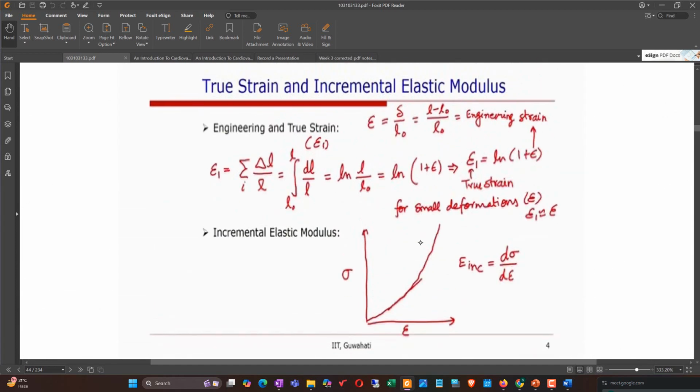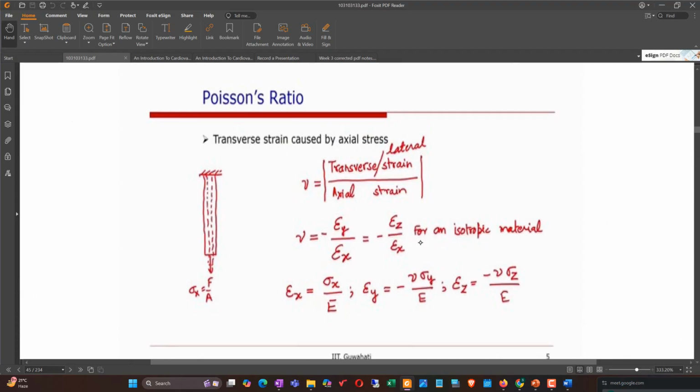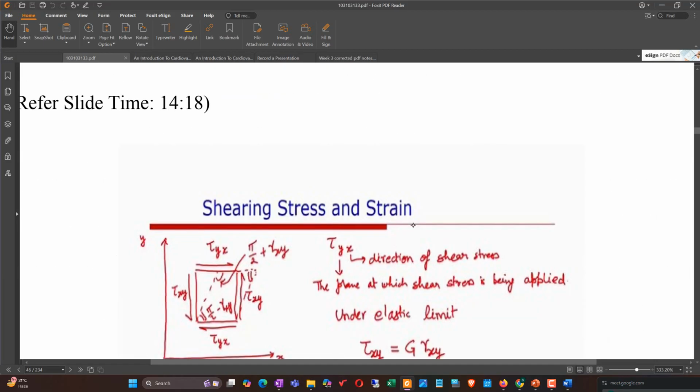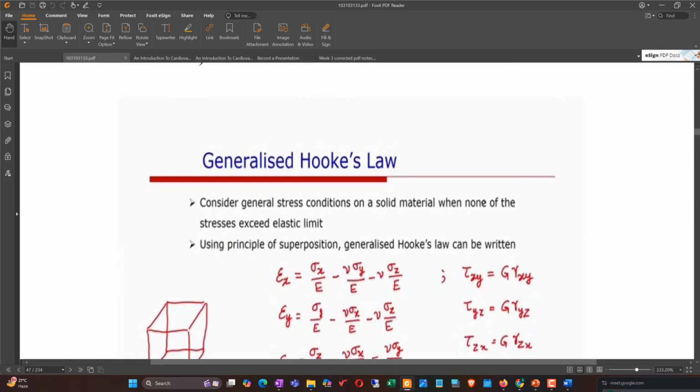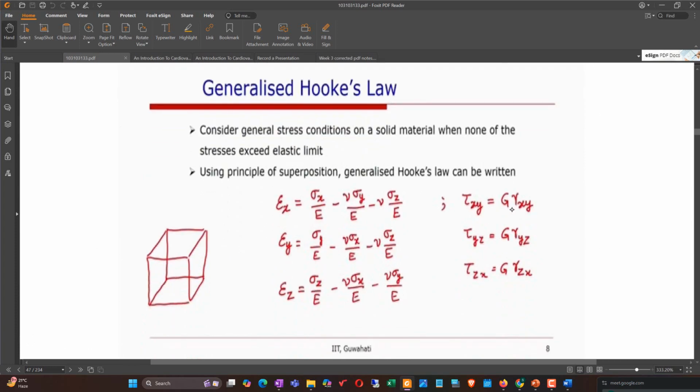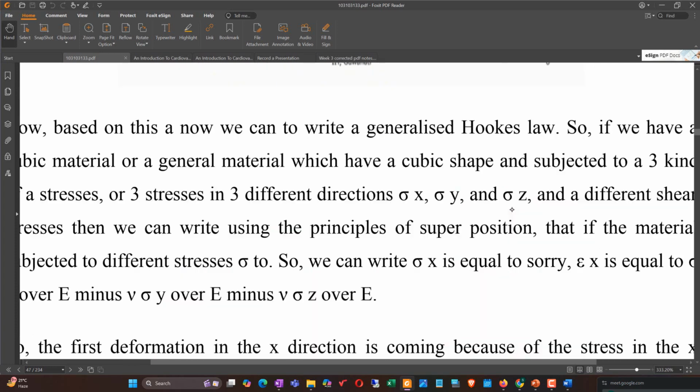Something about true strain versus the incremental elastic modulus, Poisson's ratio, and how the transverse strain and the axial strain give different Poisson's ratio for the stresses in directions x, y, and z with the given elastic moduli, and how stress and strain are related with each other. All the strains have been calculated and related to the shear stress.